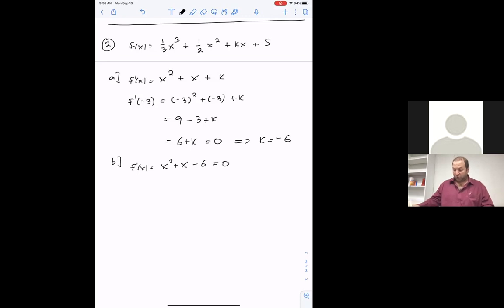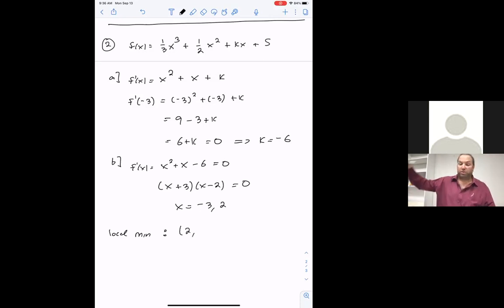If I set this equal to 0 and solve, I can factor, and I get x plus 3, x minus 2 is equal to 0, telling me that x equals negative 3 or 2. x equals negative 3, I already know, gives me the maximum. So 2 must give me the minimum, because they were so nice to tell me that there's a local max and a local min. So the local minimum is at 2 comma what?